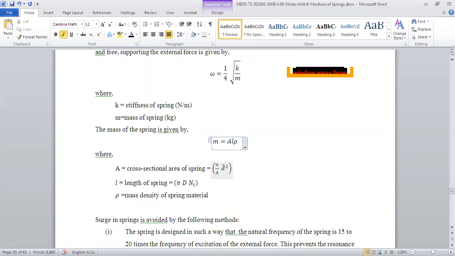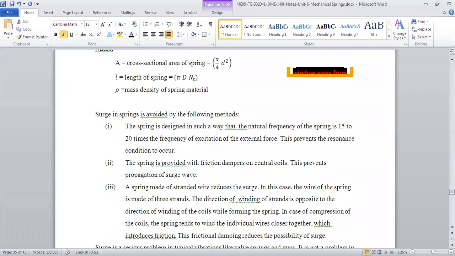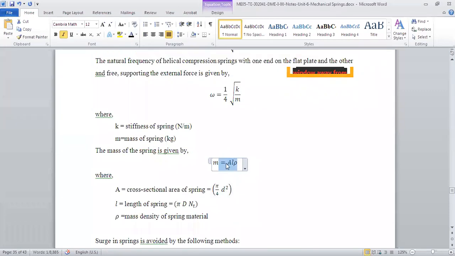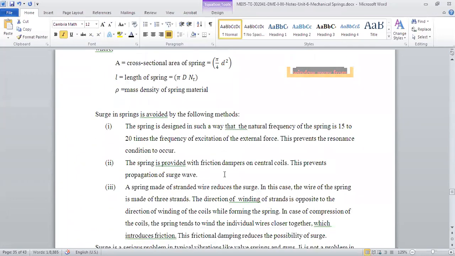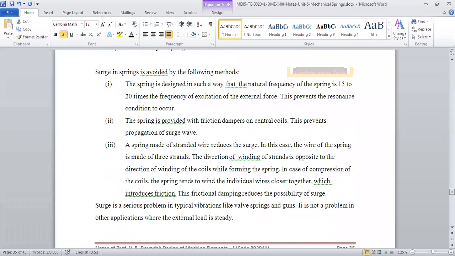If we know the mean coil diameter, the active number of turns, and the density, we can calculate the mass of the spring. And if we know the stiffness, we can calculate the natural frequency. Now, how can we avoid surge?